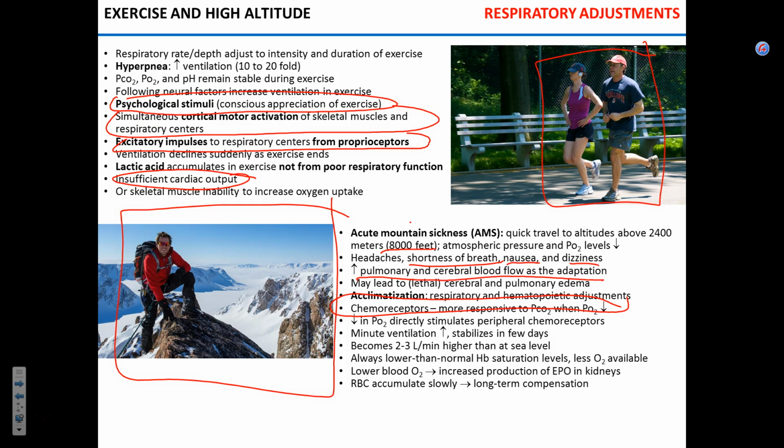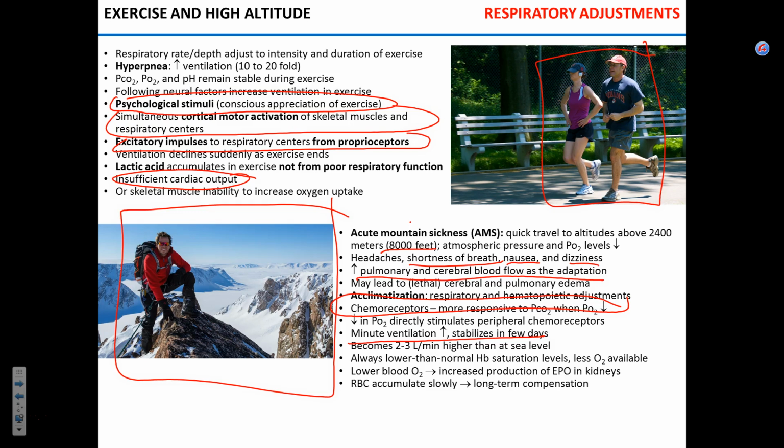So it will turn on the increased respiratory rate quicker. Does that make sense? So your breathing rate will be accelerated much faster than usual. That will lead to the increase in minute ventilation. So yeah, you will normally be breathing faster and deeper. Make sense?